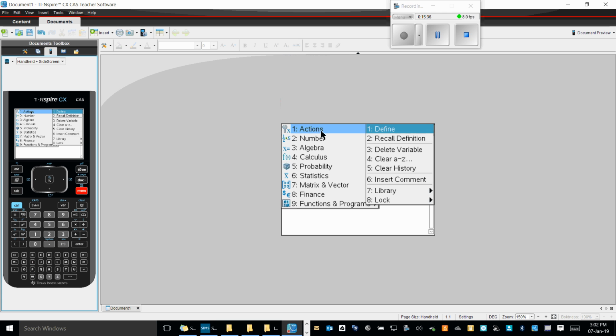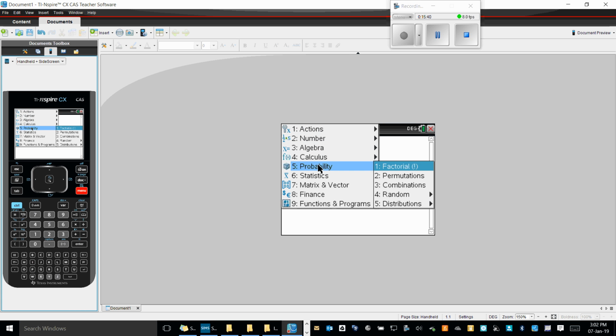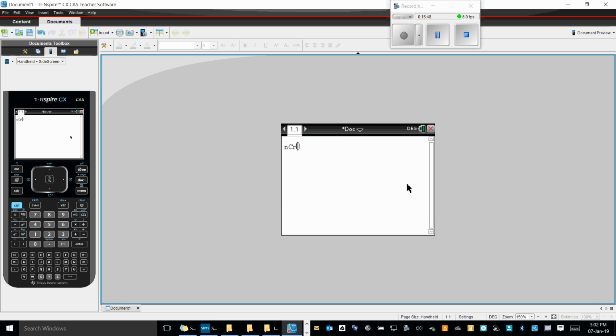Where it's got actions, number, whatever it is. So we want probability. And then we want combinations. Now when you hit that, it says nCr. Now, let's open up a bracket.